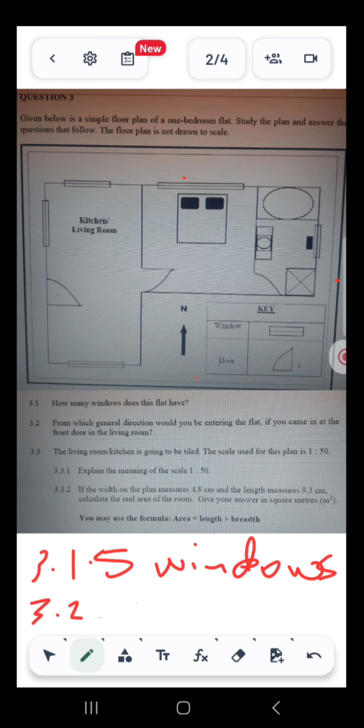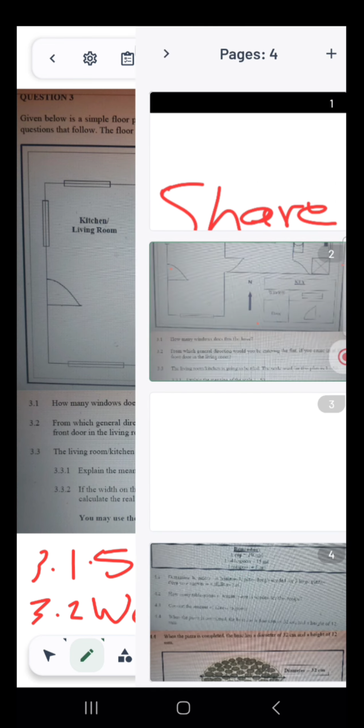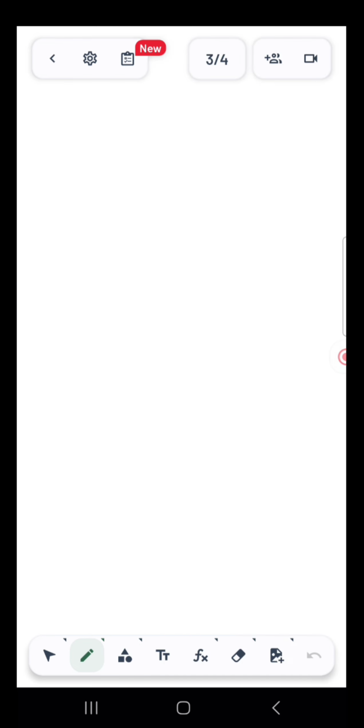So it means your final answer will be from the general direction west, right?